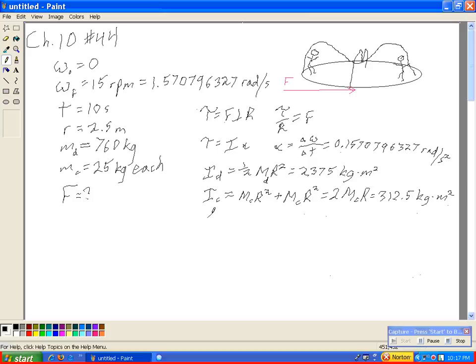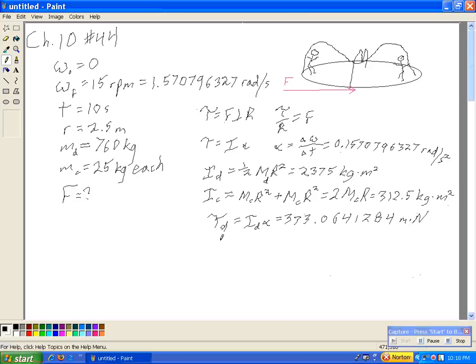Now let's find the torque of each. Torque of the disk is the moment of inertia of the disk times alpha. So that was 373.0641284 meter newtons.